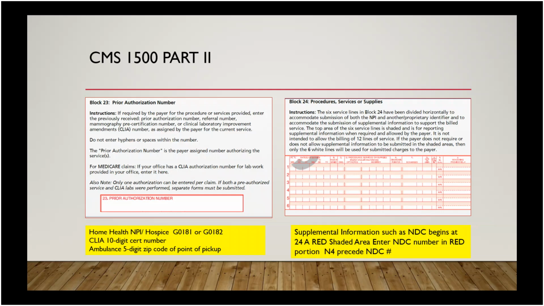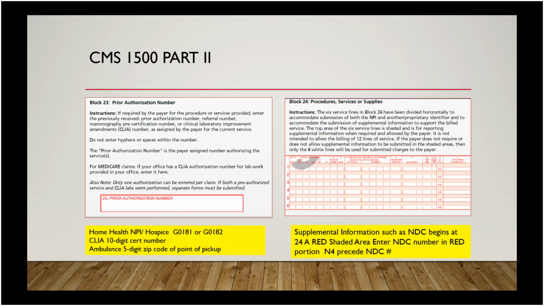23, prior authorization number. So if you had to get prior authorization for them to pay for the claim, we're going to enter that here. Home health, the NPI, National Provider Indicator, or hospice, you're going to use the G0181 or 182.